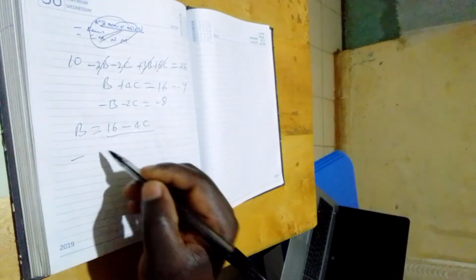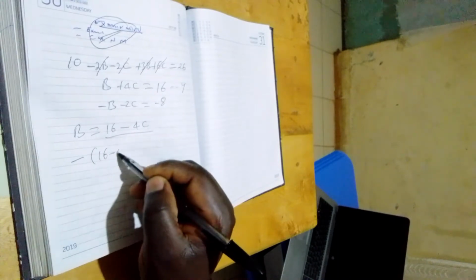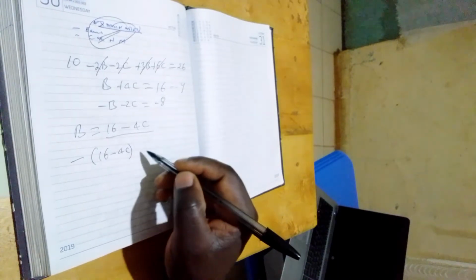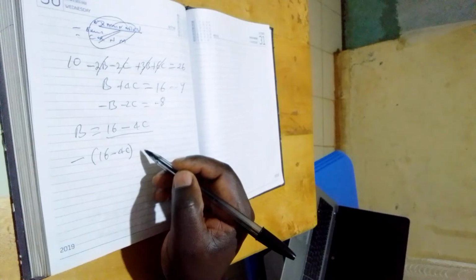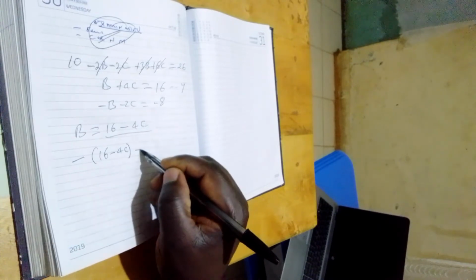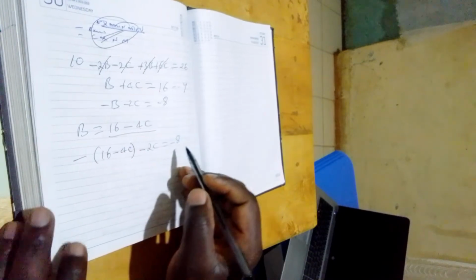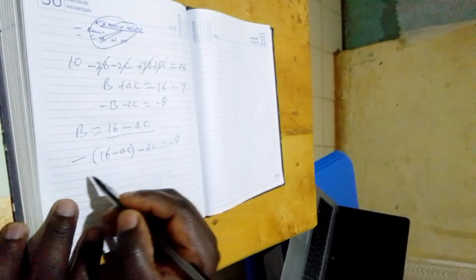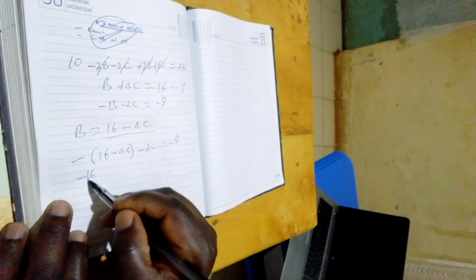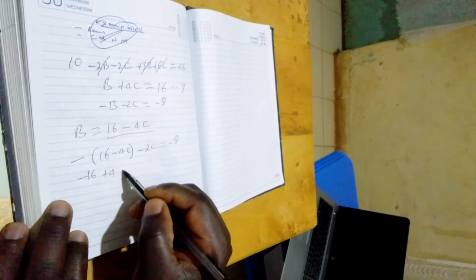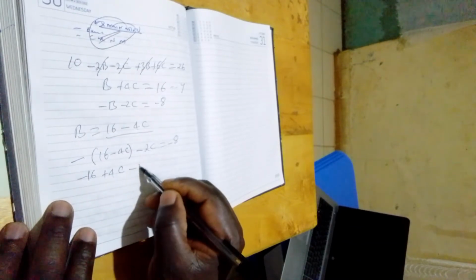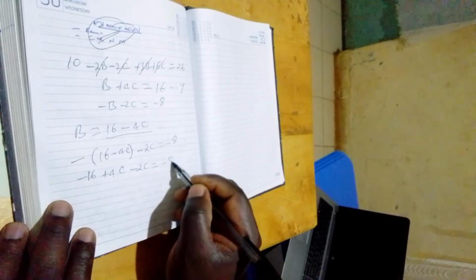So I have minus into 16 minus 4c minus 2c equals to minus 8. Open the bracket, minus 16 plus 4c minus 2c equals to negative 8.